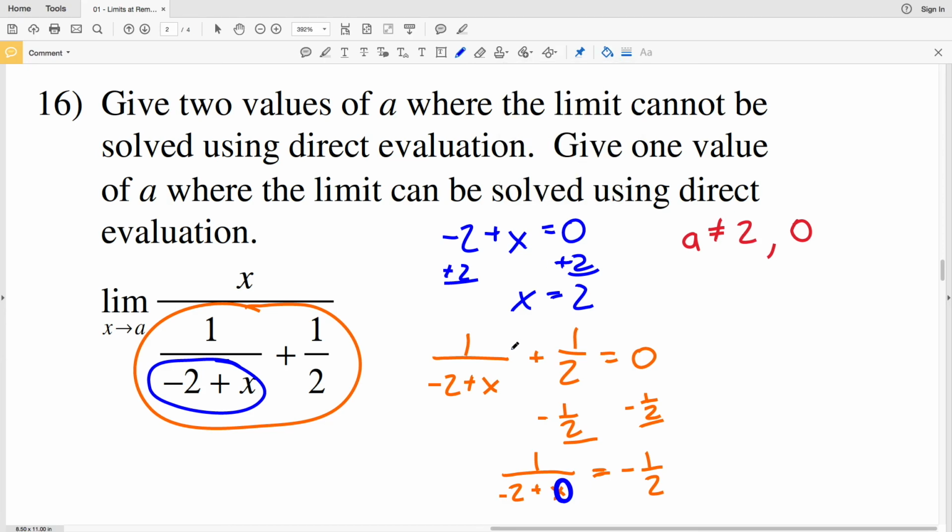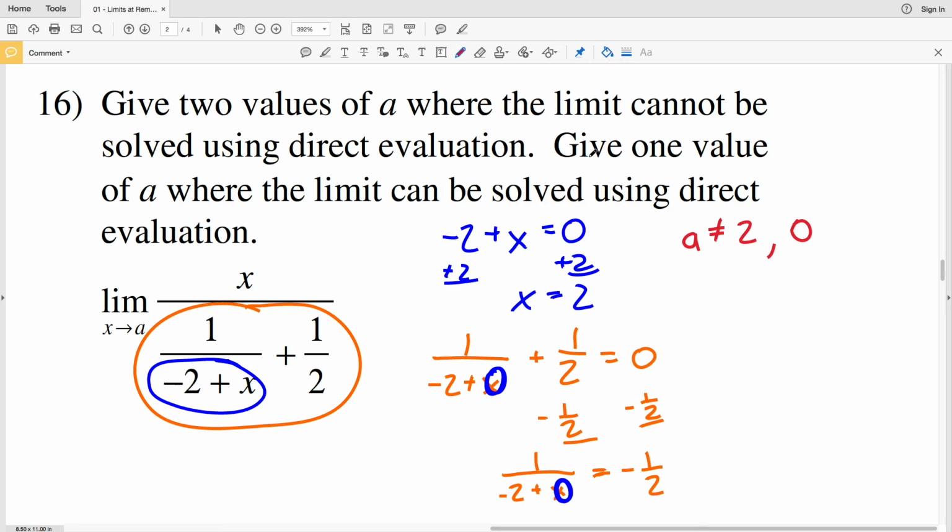And again, what I did is if I plugged 0 in for x, I got -1/2, and -1/2 plus 1/2 is 0. And that was easier to see once I moved my fraction to my other side. But if you did not pick up on that, feel free to continue to solve for x, and you will indeed get 0. So a cannot be 2, and it cannot be 0, but a can be any other number.